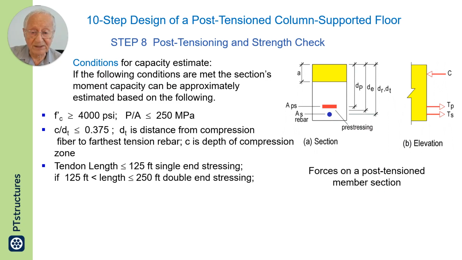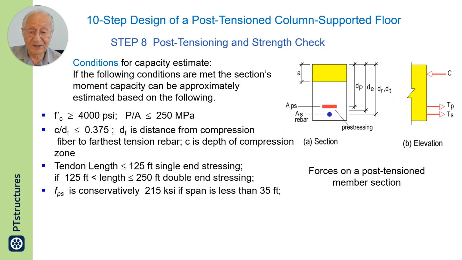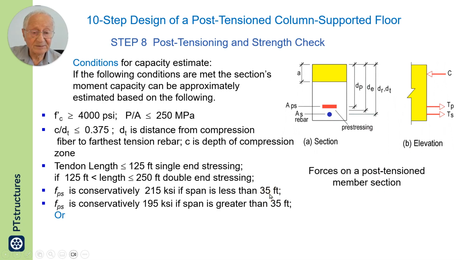If more, it is stressed at two ends. It is 250 feet, the limit for two-end stressing. Then you can conservatively assume 215 ksi for spans which are less than 35 feet and 195 ksi for spans that are more than 35 feet.